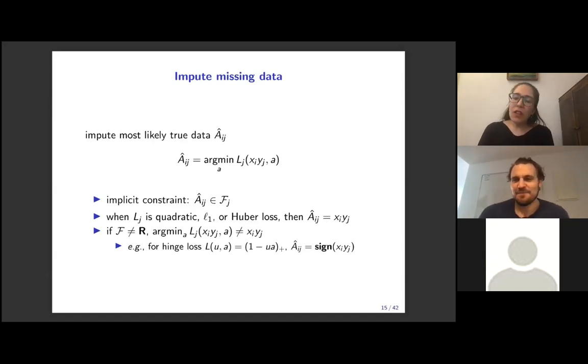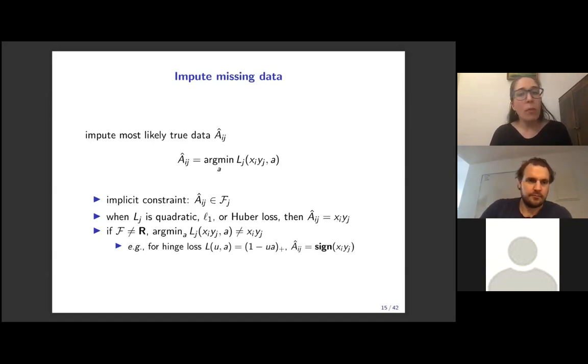If you want to prove theorems about recovery in these models, you almost always need missing completely at random. Almost all of the theory assumes missing completely at random. Now, the low-rank structure is quite constrained. It's actually very constrained.